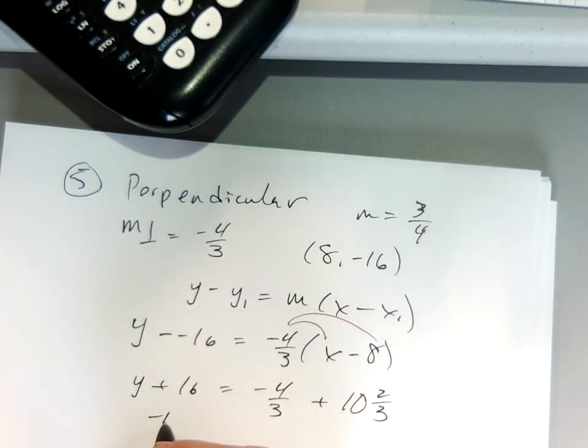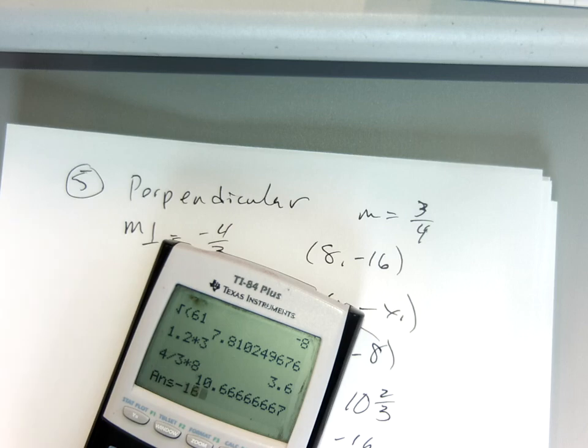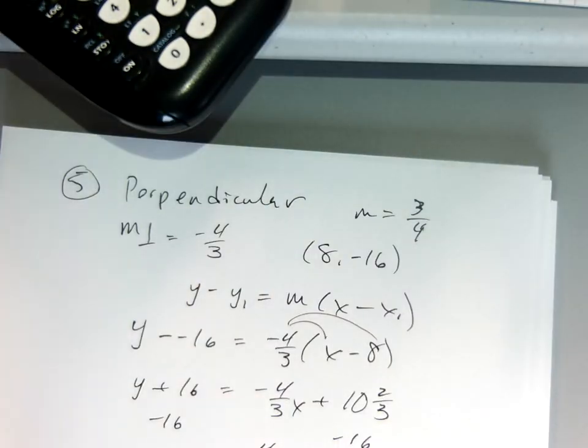If I subtract 16, I'll have y equals a negative 4/3 x, and then 10 and 2/3 minus 16, I'll have a negative 5 1/3, or decimals are fine if that's what you want to use. Okay, so this line is perpendicular to the original line and it passes through that point.